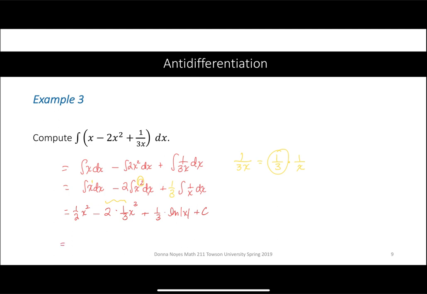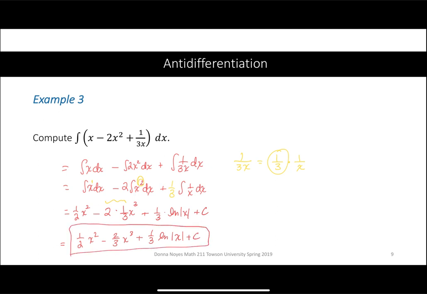So our final integral would be 1/2 x squared minus 2/3 x cubed plus 1/3 the natural log of the absolute value of x plus c.